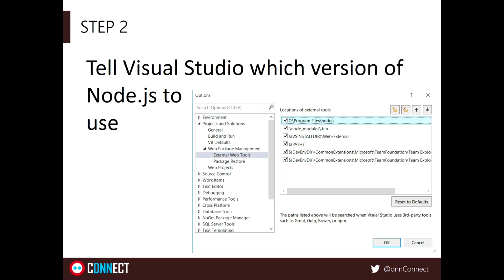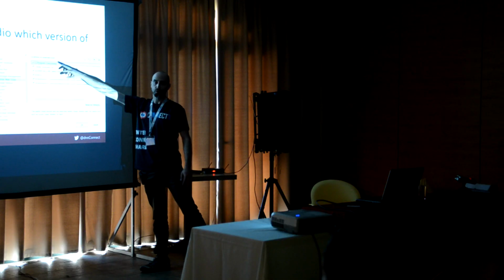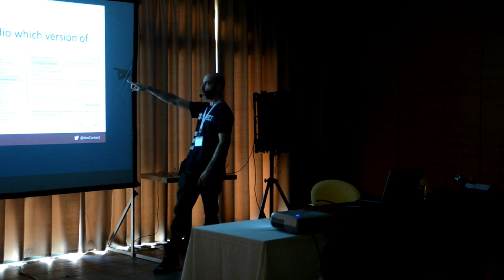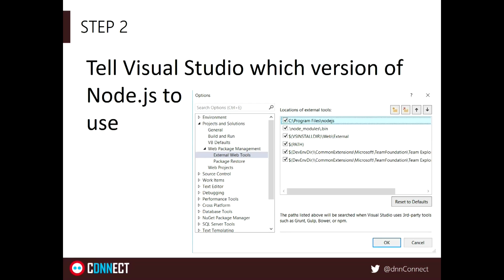I think this is 2017, but it looks similar in 2015. Under Projects and Solutions, External Web Tools, set the path to the Node that you installed, not the one that Visual Studio has, which it usually installs under Program Files Nodejs. This is one step that will avoid a lot of trouble and headache for you later.